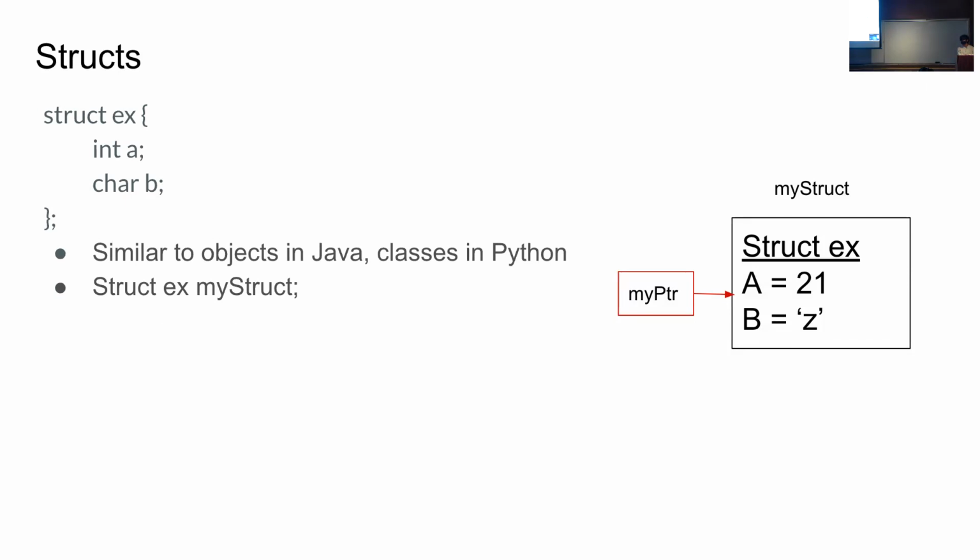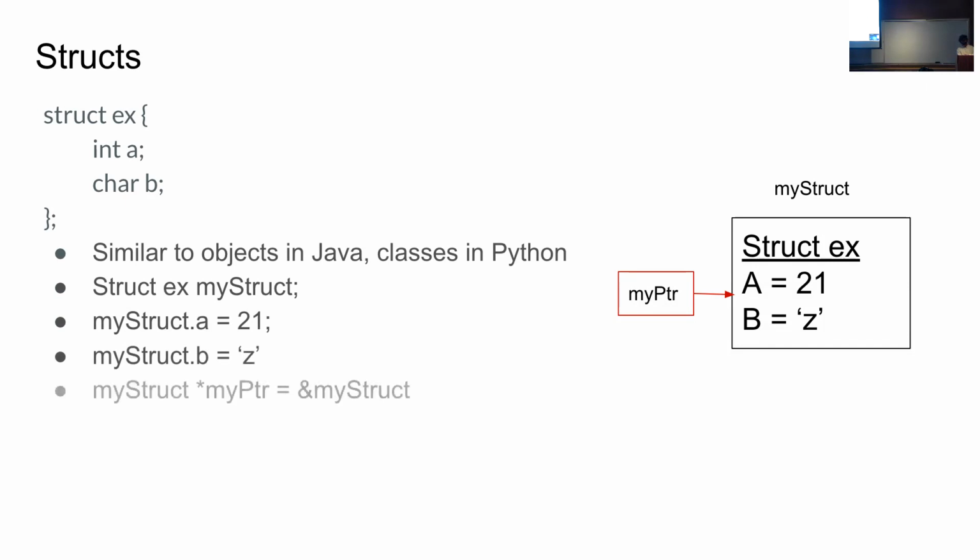So myStruct is a variable name, right? And now we can use the dot operator to assign to the fields inside the struct. So it has two fields, a is an integer and b is a character, right? So when we do myStruct.a equals 21, it just sets a to be 21. myStruct.b equals z sets that.